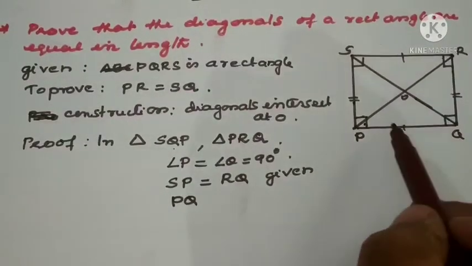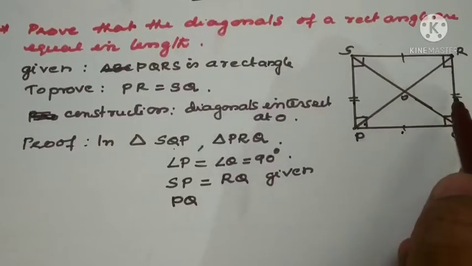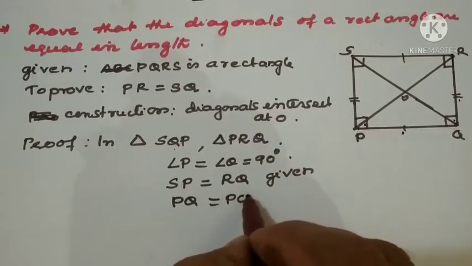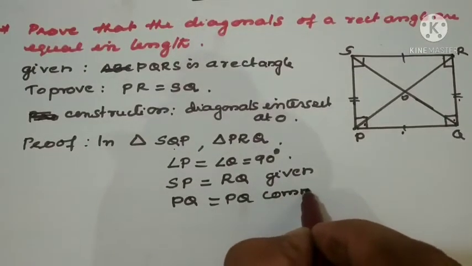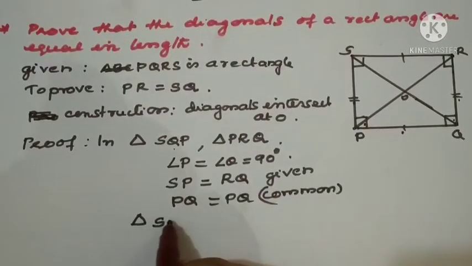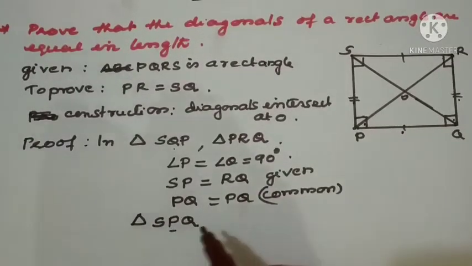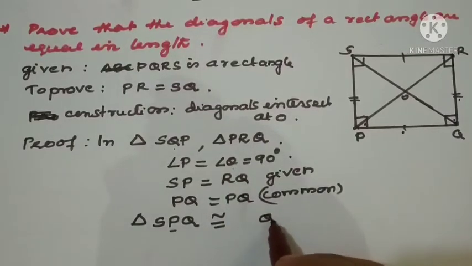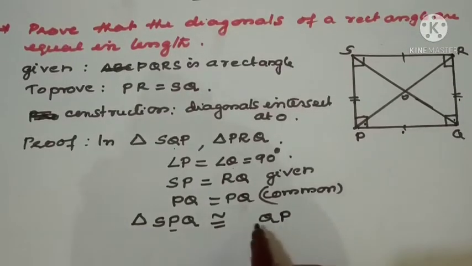Again in another triangle PRQ, this is the first side, angle and next side, so PQ is common. So triangle SPQ, for P it is Q only.